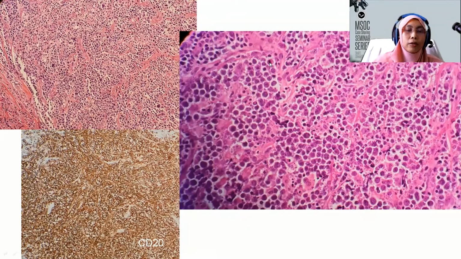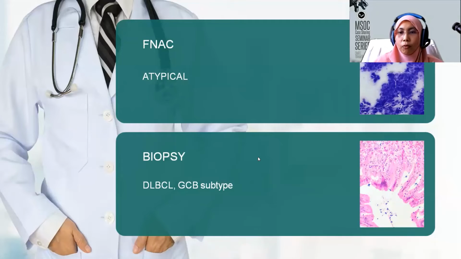Maybe this one is mitosis. And it turns out that LCA, CD20, CD10 are positive. A long list of immunostains was done, and it turns out to be a diffuse large B-cell lymphoma, germinal center B-cell subtype.